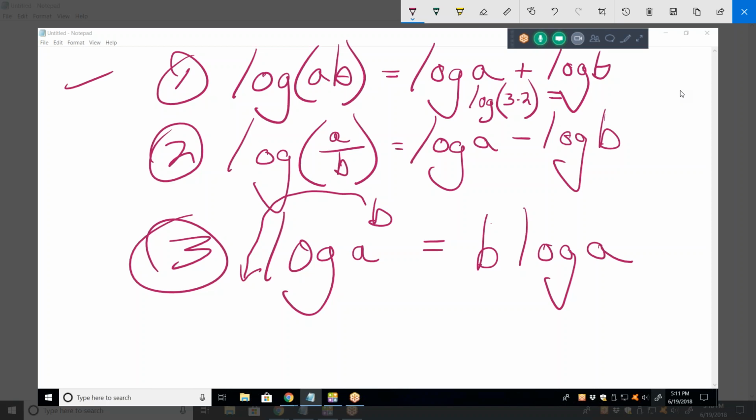So what's this equal to with our case? Would it be 6? No, log of 3. In other words, 3 is the A, 2 is the B. Okay, so that's why they're adding. What's the rest of it? Okay, so it'd be log 3 plus log 2. There you go. Okay. Now, let me give you an example here.